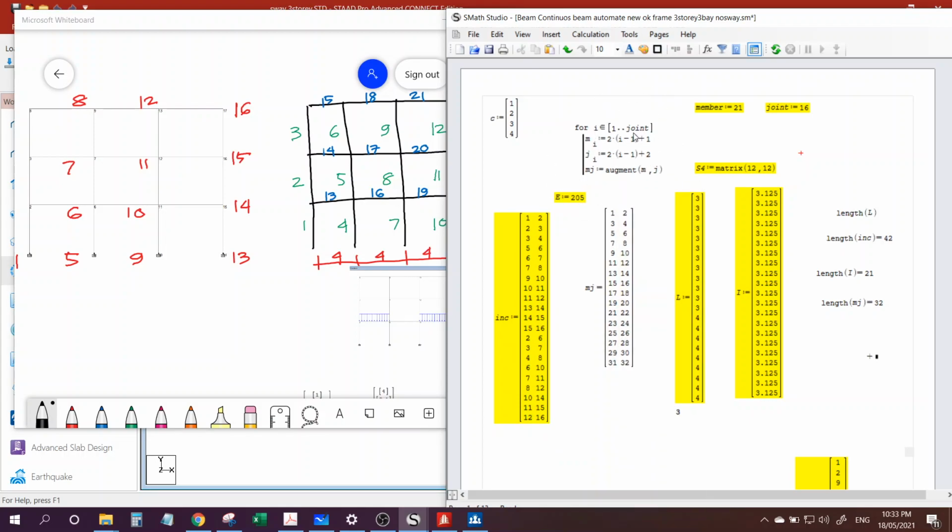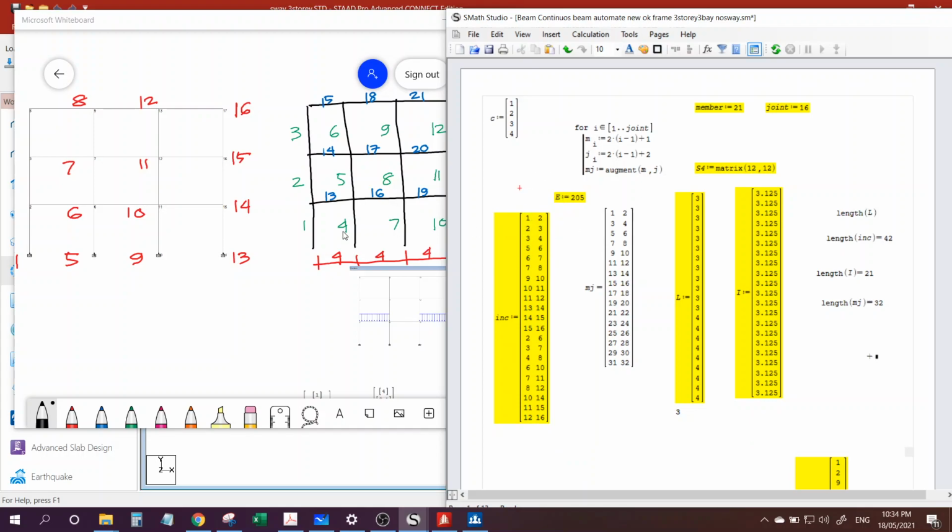This code will loop over the number of joints. The length of our columns is 3 meters, while the length of the girders is 4 meters. And I assume a uniform cross section, therefore a uniform inertia. Of course, the size of this L matrix and I matrix corresponds to the number of members.